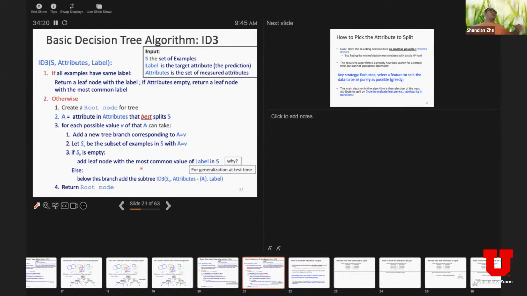It means that this data set can potentially be further partitioned. So that's where we call the ID3 algorithm again to further partition SV. We call ID3 again, and now the input subset will be SV. Now for the attributes, we should remove A. Why?